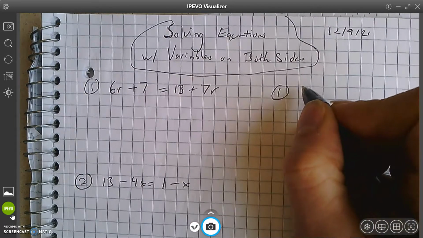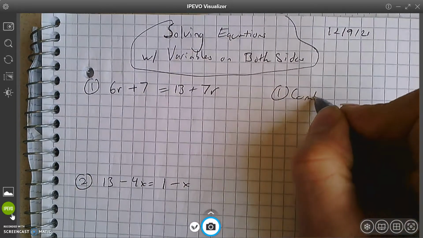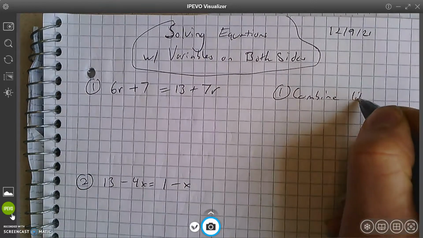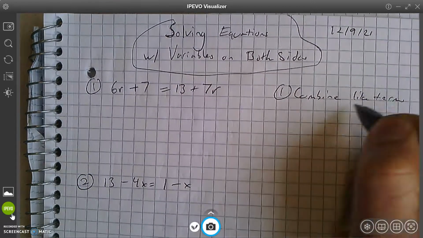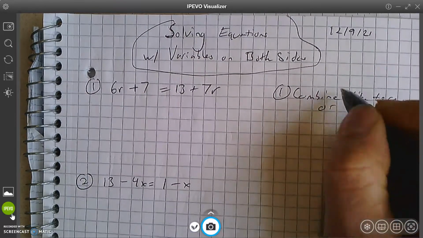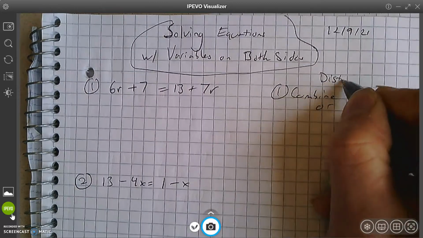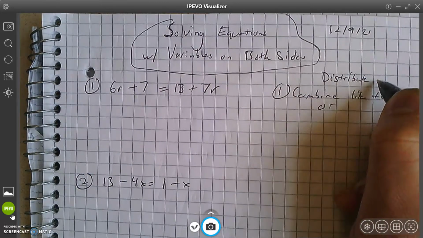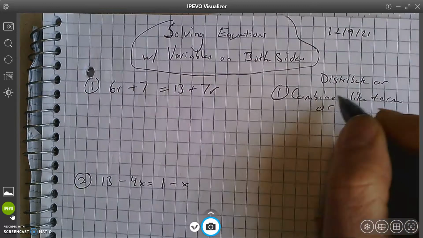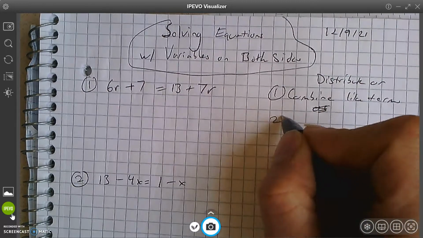Step one is always to combine like terms. Or first distribute, my bad. Distribute is first, or combine like terms, and or. So sometimes we might have that.